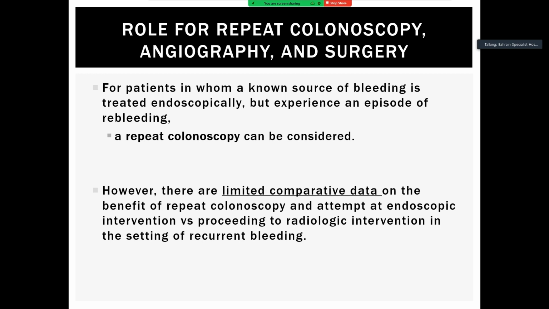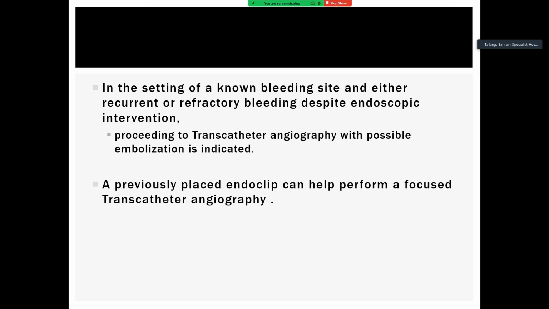Although there is limited comparative data, in any patient who presents with recurrent GI bleed, we need to go for CT angiography or colonoscopy. The pathway which the American College of Gastroenterology recommends is that if the source of the bleeding is treated endoscopically, and we know that this is the reason of rebleed and we can treat it endoscopically, then repeat colonoscopy is considered.